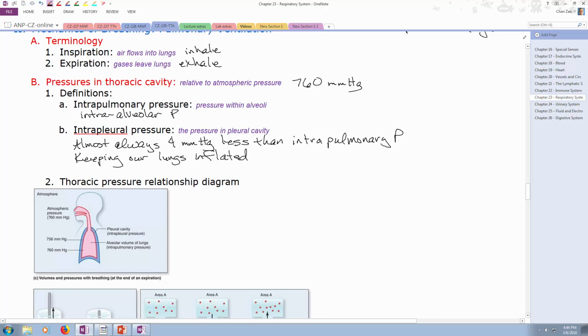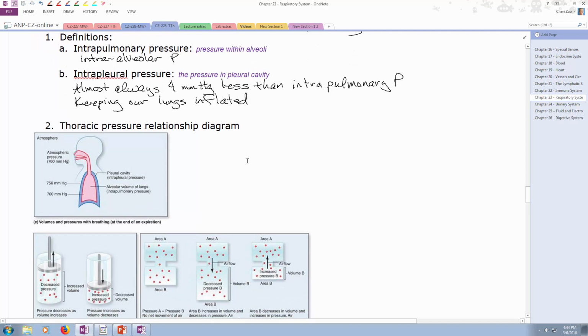Number 2 here, the thoracic pressure relationship diagram. Let's look at this and go into intrapulmonary and intrapleural pressure and inflation. So all around us is the atmosphere, correct? And so all around us is at 760 millimeters of mercury of atmospheric pressure. This is due to gases in our atmosphere, correct?